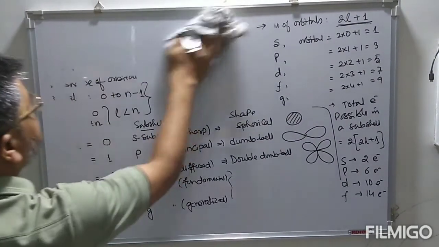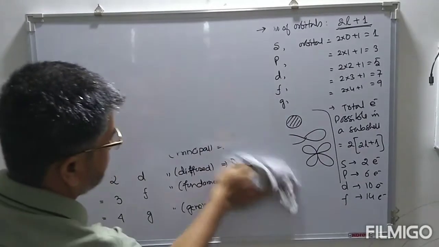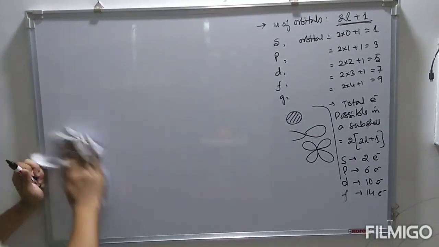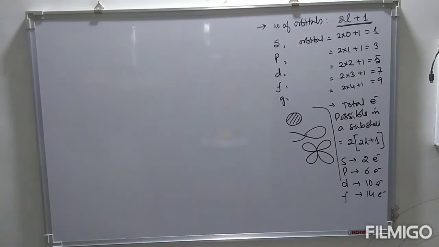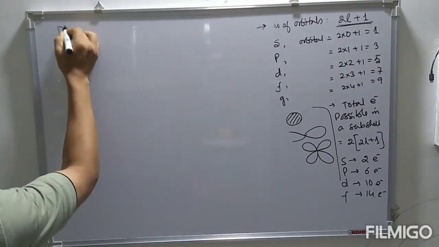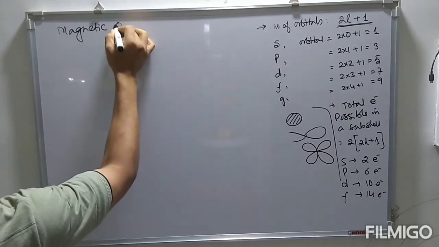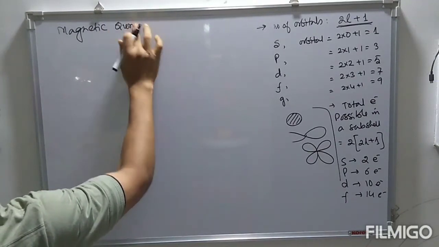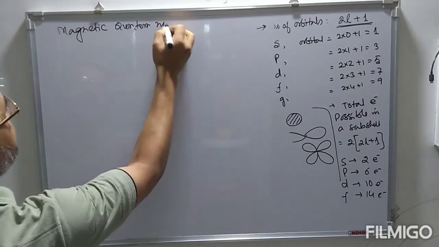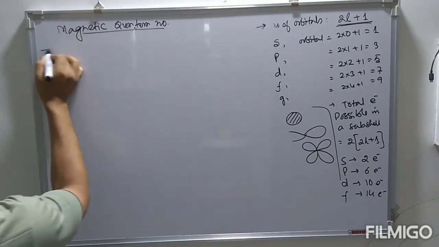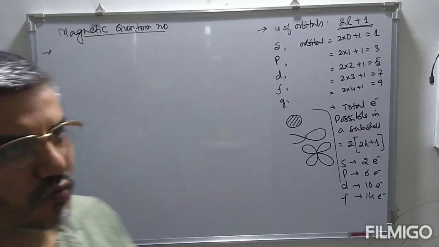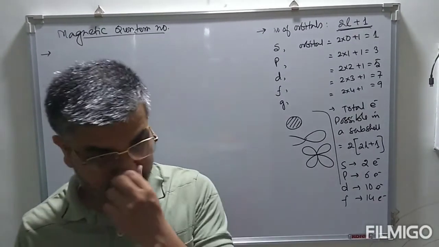After this, the third quantum number is magnetic quantum number. Now we have a shell. Inside this we have subshell.